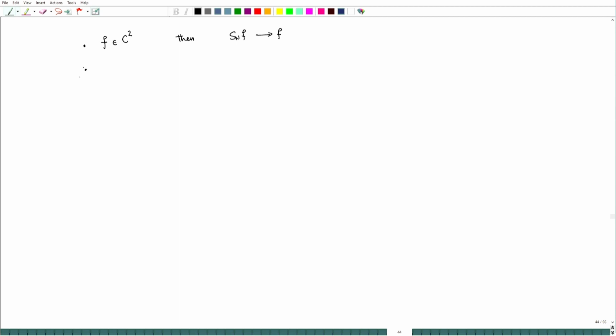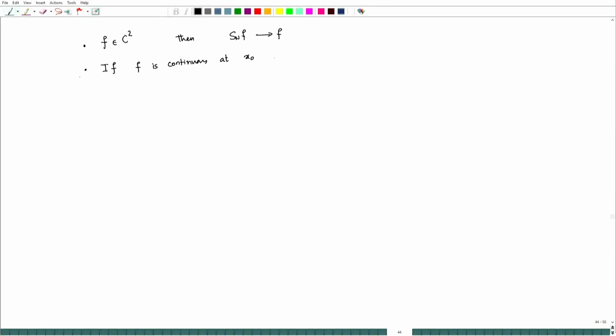Next, what we have seen is that if f is continuous at some x naught, then we do not know whether the Fourier series is going to converge or not. However, we know that it is Cesaro summable. The partial sums of the Fourier series are Cesaro summable.